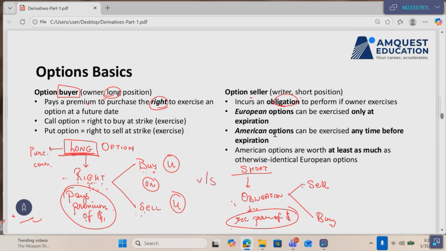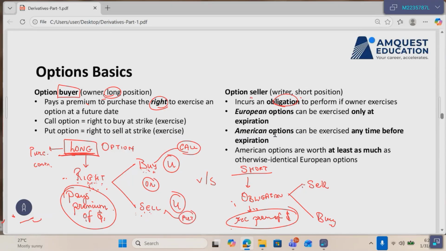Are we clear? Now I also told you that his right could be to buy something, and when he has the right to buy something, that's called a call. So he's saying, I want to buy something, I'm calling it. If he has the right to sell something, that is called a put.